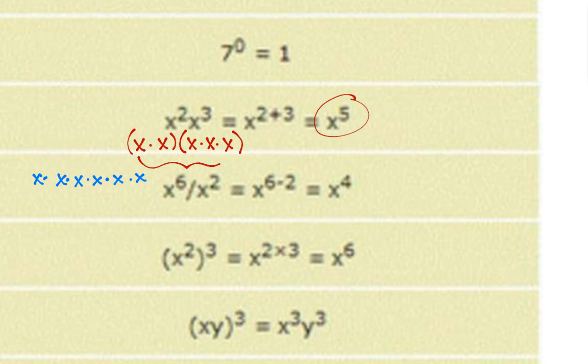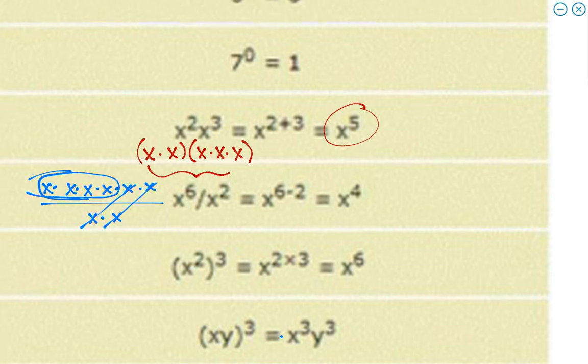There's 6 of them. And then you're going to divide by x squared. So that means there's 2 on the bottom. So now you can cancel because they're the same. And how many are you left with? 4. You're left with 4 of them. Or in other words, in the power, 6 take away 2 is 4.